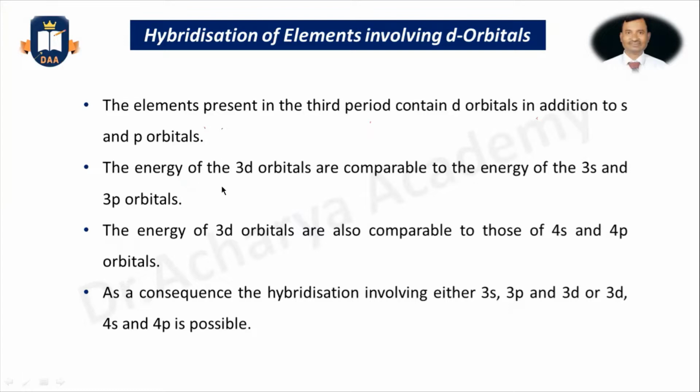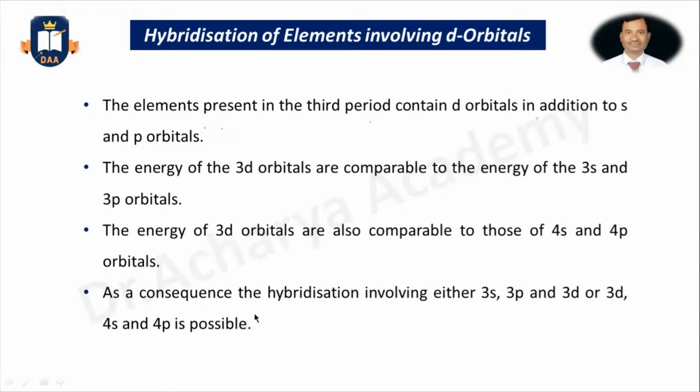The energy of these 3d orbitals is comparable to the 3s and 3p orbitals because all these orbitals belong to the same principal quantum number 3. So the energy of 3d orbitals is also comparable with the energy of 4s and 4p orbitals.